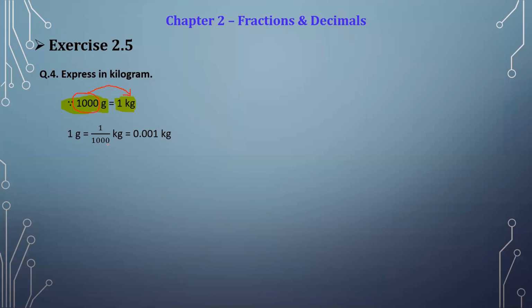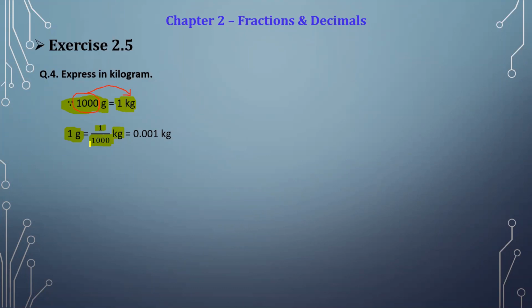Therefore we obtain it like this: 1 gram is equal to 1, that will be as it is, divided by 1000, which we have taken from the left hand side, which goes to the denominator, and kilogram is going to be as it is.